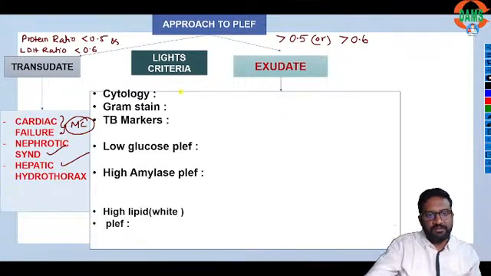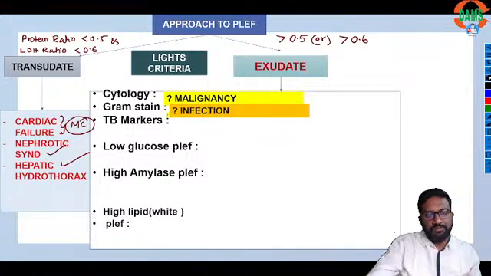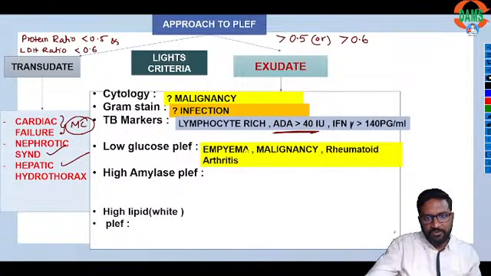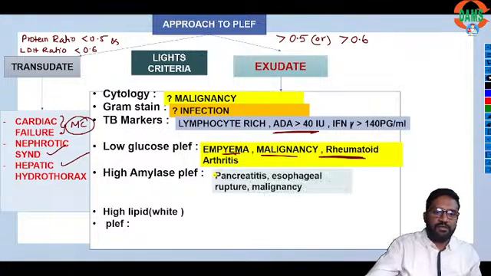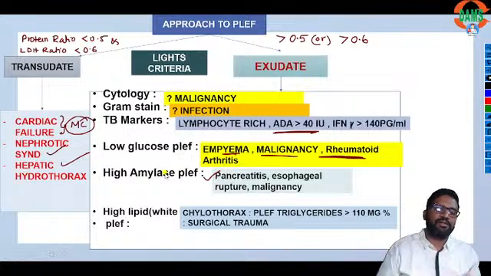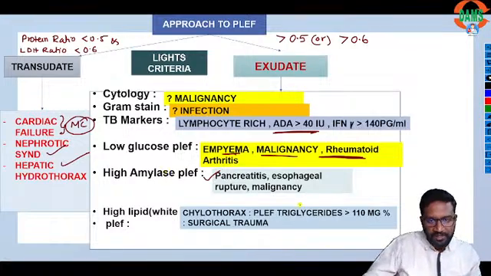If it is exudate, malignancy you have to rule out. Infection you have to rule out with gram staining. TB markers, ADA is high. Low glucose pleural effusion: empyema, malignancy, rheumatoid arthritis. And high amylase: pancreatitis, esophageal rupture, malignancy. High lipid or white colored effusion, chylothorax.